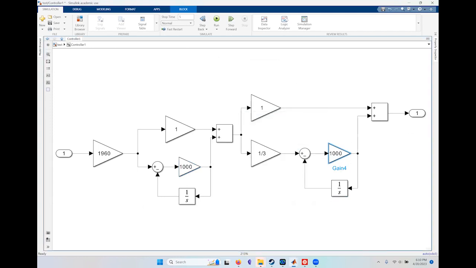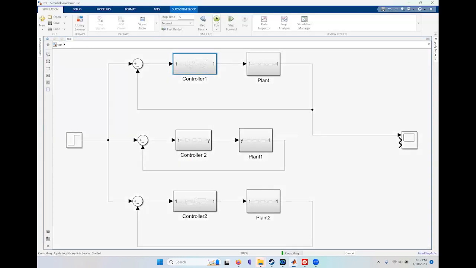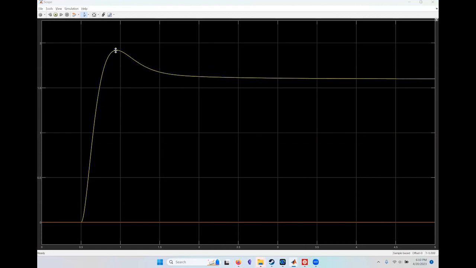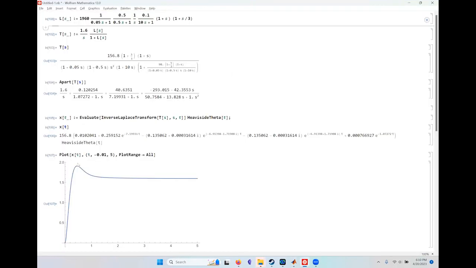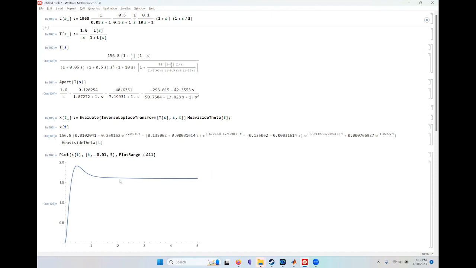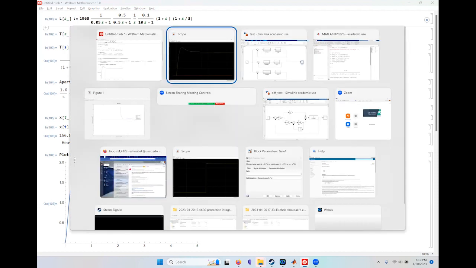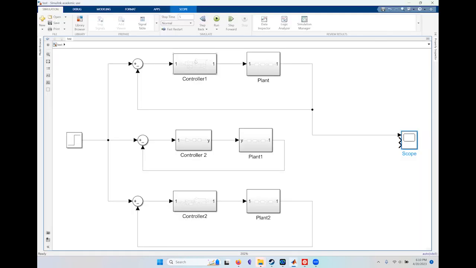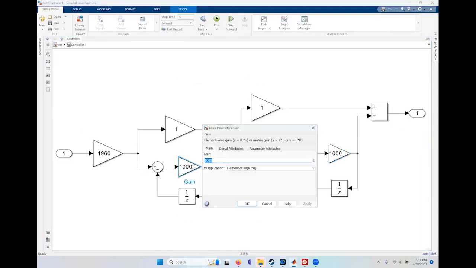What will I get? Let's see. Yeah, I get something even closer to my theoretical curve. You notice the curve here doesn't hit 2. Here it also doesn't hit 2, and it settles around the same place. So it looks pretty much identical. Let me go back to 100.